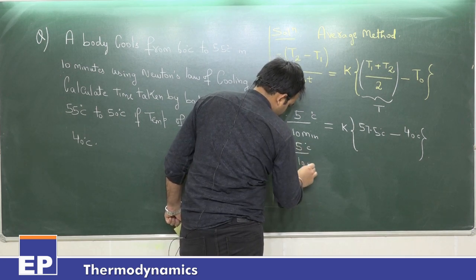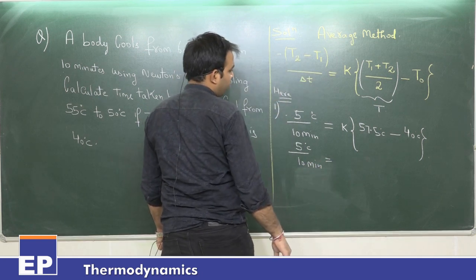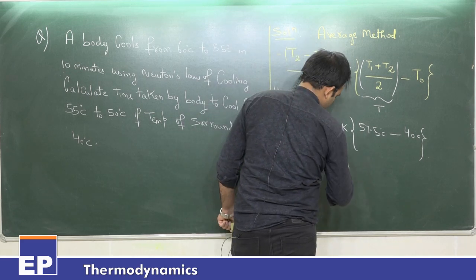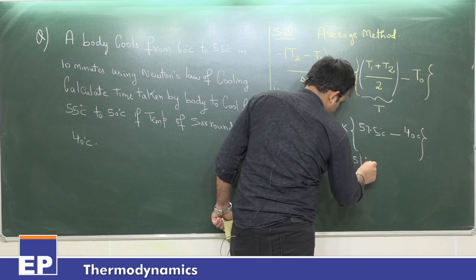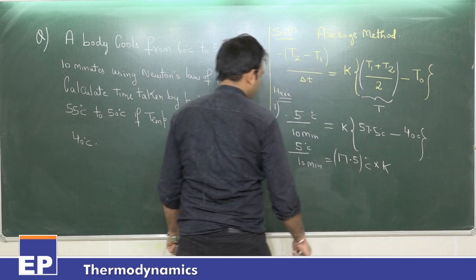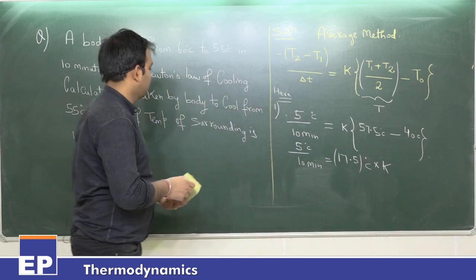Five degrees Celsius by 10 minutes is equal to what? 57.5 minus 40. That is how much? 17.5 degrees Celsius into K. Right. So this is the first equation.